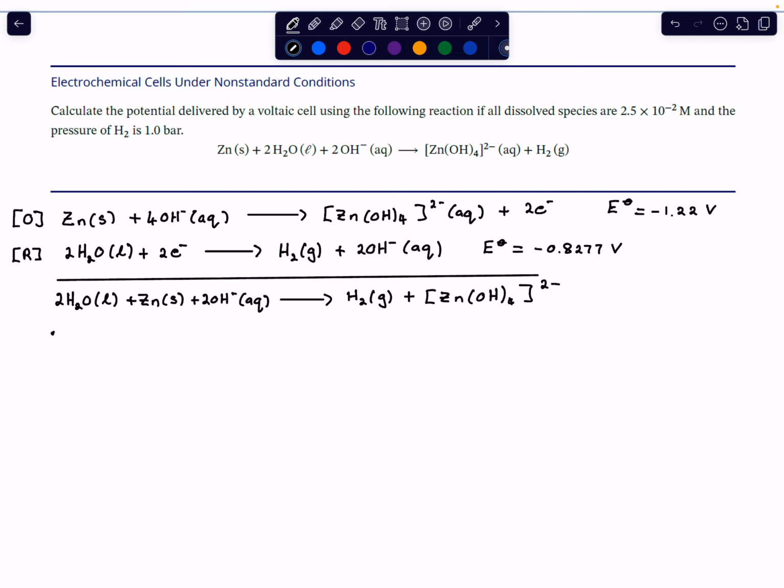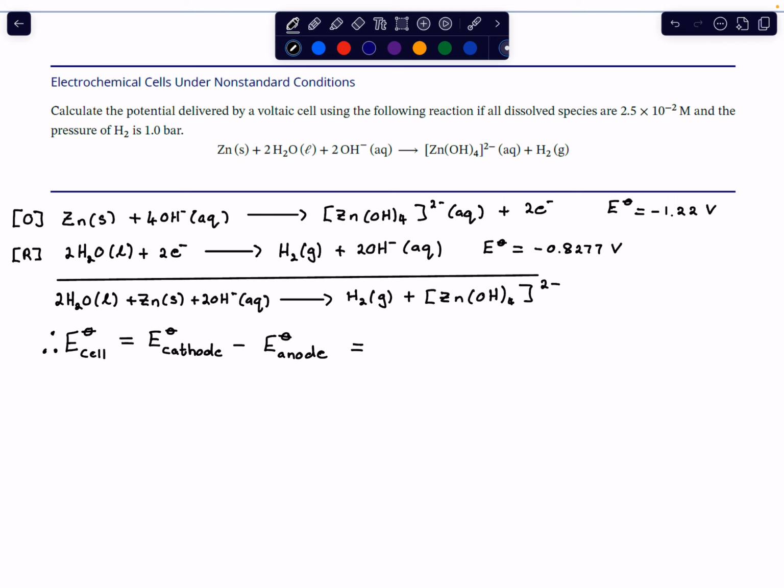So that means it has a standard cell potential, E cell, which is of course equal to that of the cathode minus the standard potential of the anode. What happens at the cathode? Well, reduction happens at the cathode, oxidation at the anode.